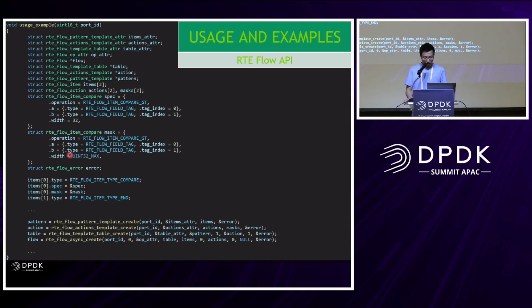Yeah, very good question. In fact, this is due to the template API definition. For the template API, when you create a pattern template, for now we need to have both the spec and the mask. Maybe for comparison we don't need the mask, since the spec is enough to indicate everything.